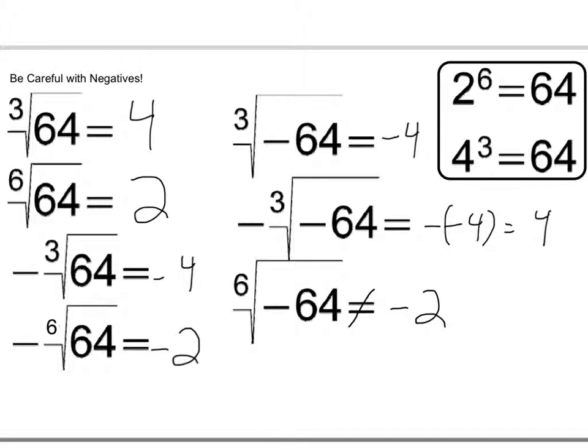So, if the radical has an index that's even, like 6, 4, 2, or 8, and a radicand that's negative, we cannot get a real answer. And that's where we introduce imaginary numbers.